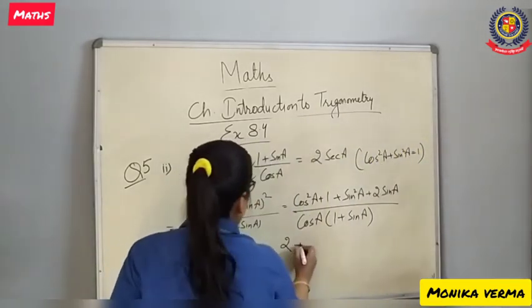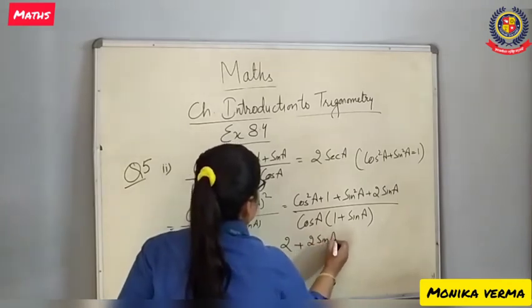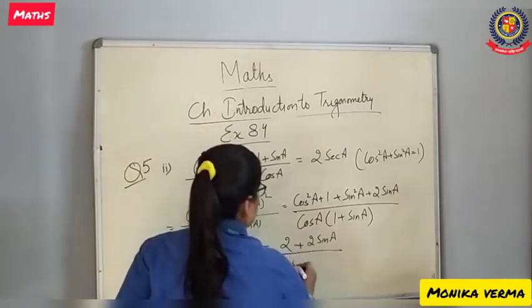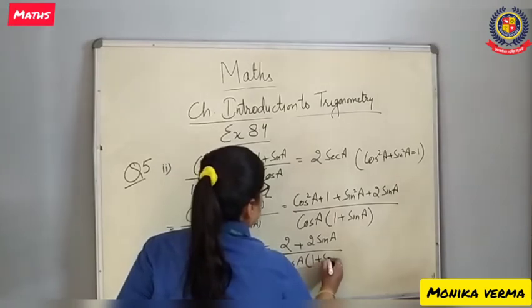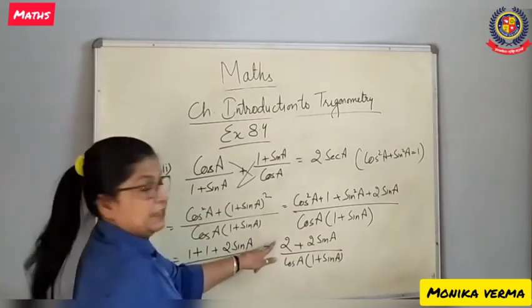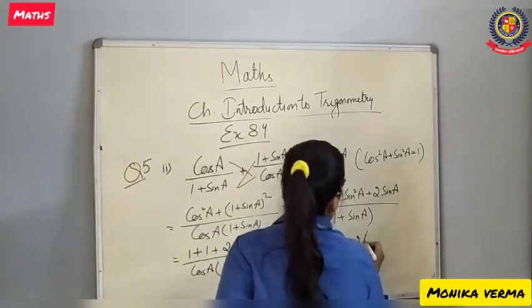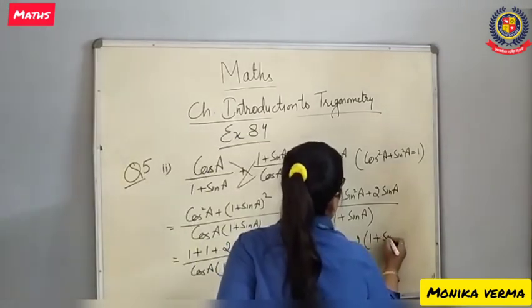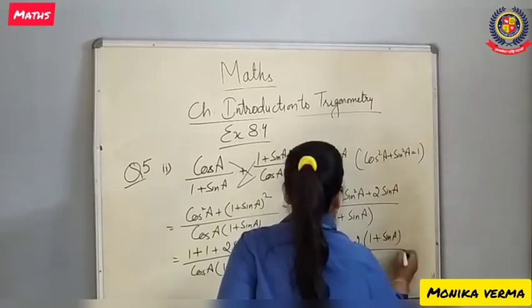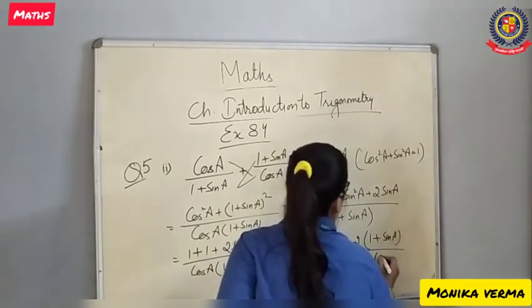Now we will have 2 plus 2 sin A upon cos A (1 plus sin A). We will take 2 common from the numerator: 2 (1 plus sin A) upon cos A (1 plus sin A).